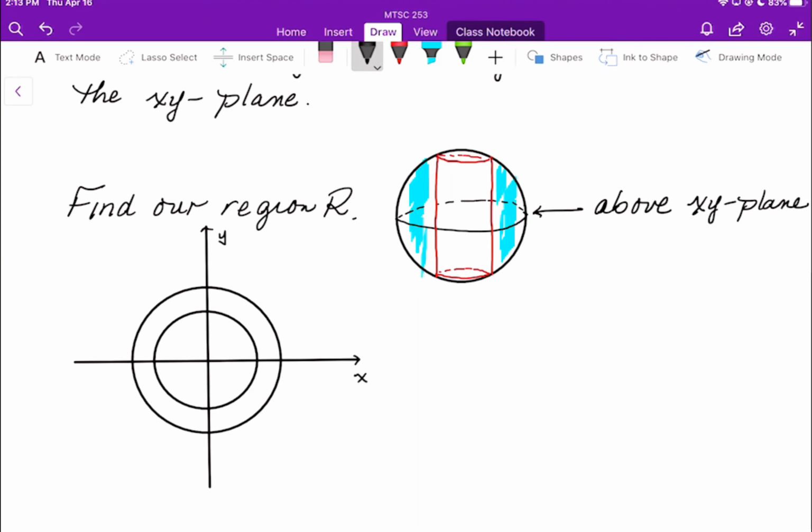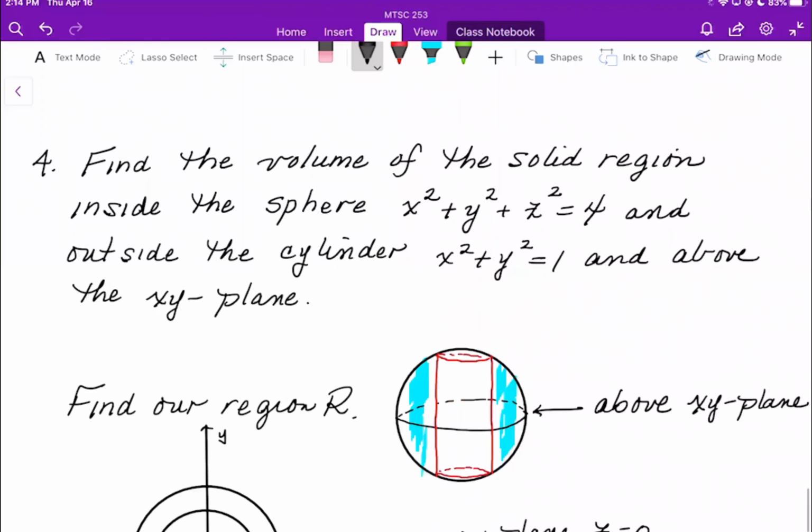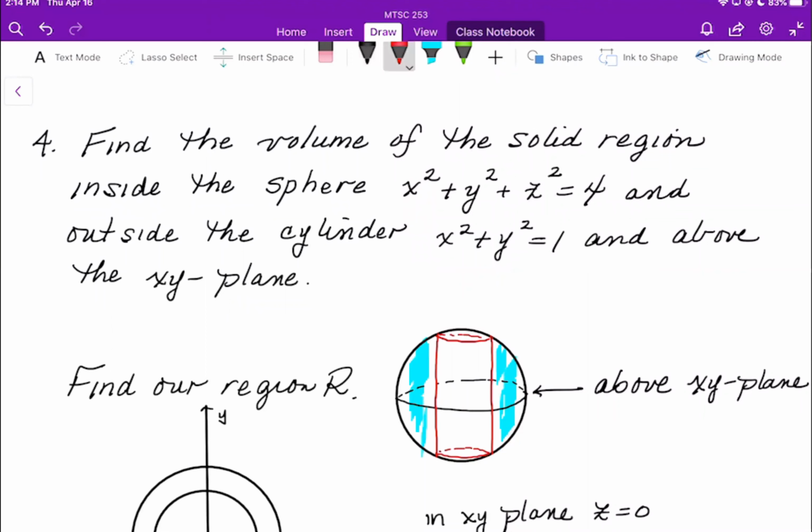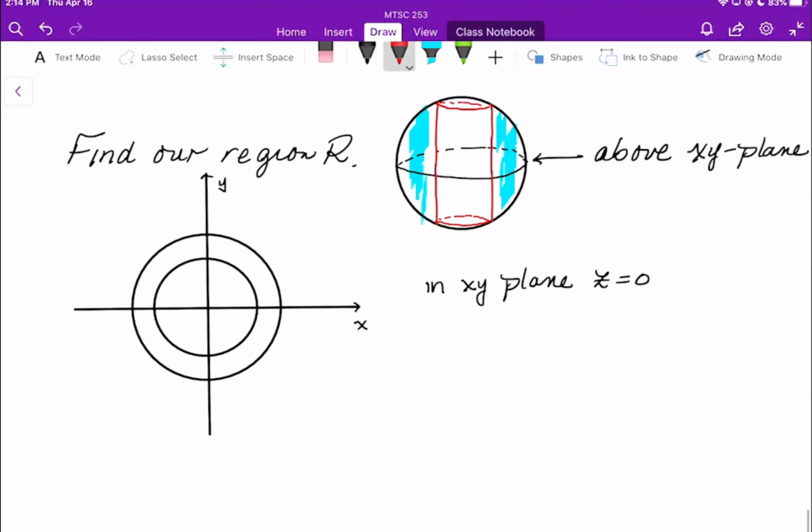So in the xy plane, z is 0. So the level curve of x squared plus y squared plus z squared equals 4 comes down here as x squared plus y squared is 4.